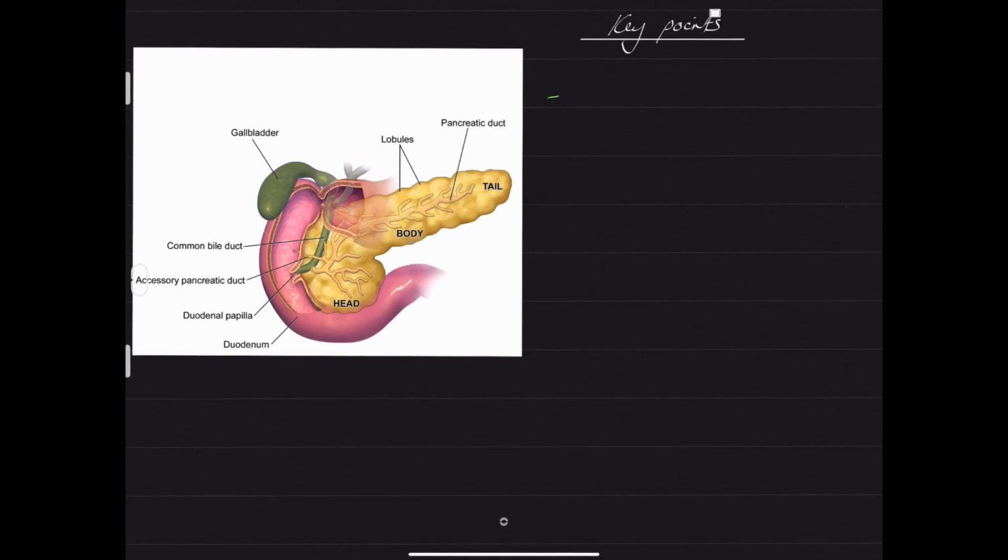The liver makes a green-yellow alkaline solution, and this green-yellow alkaline solution is called bile.